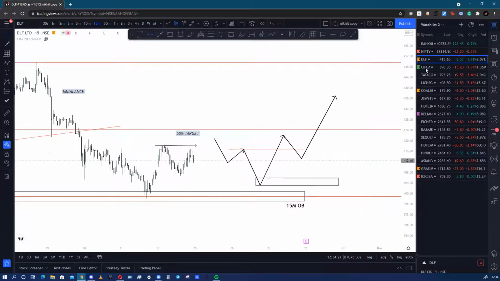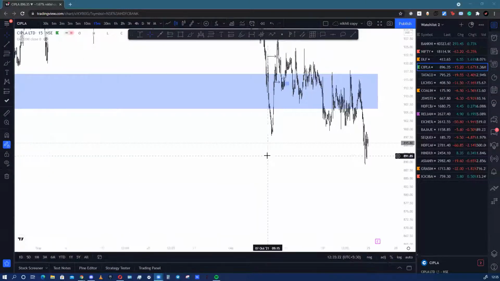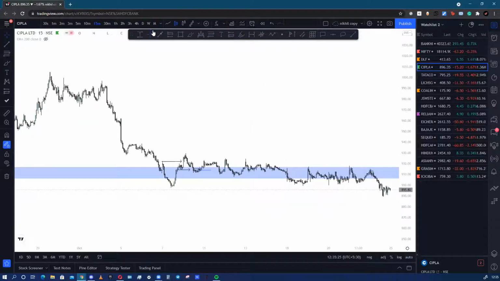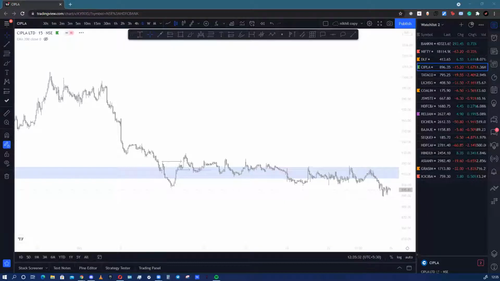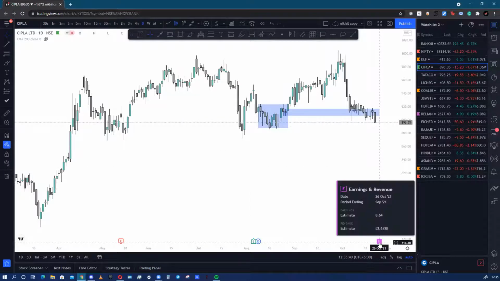Okay, next is Cipla. I have even shared the Cipla stock on our swing trading. Same, on 26th of October, we have results on Cipla.